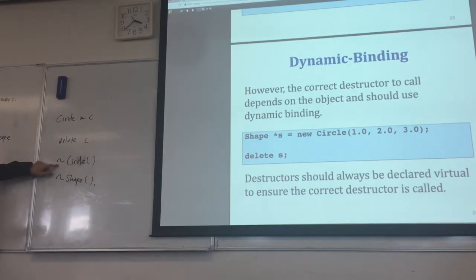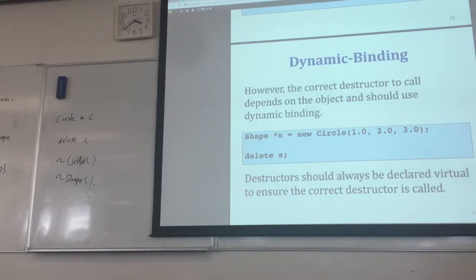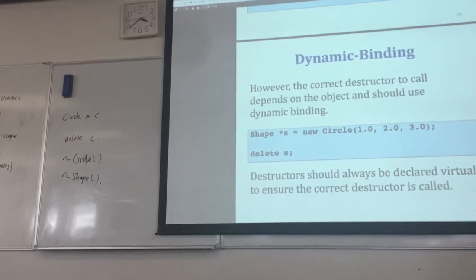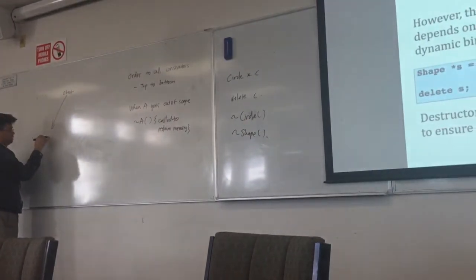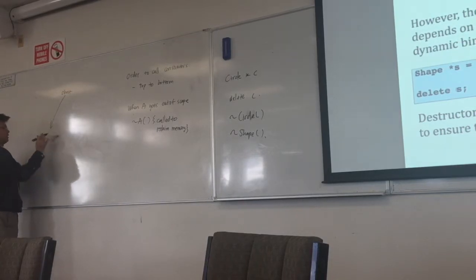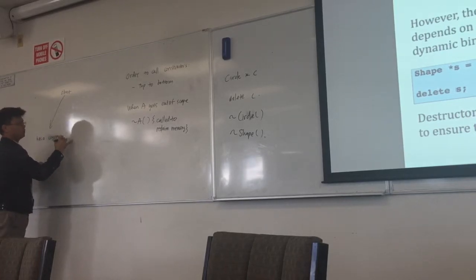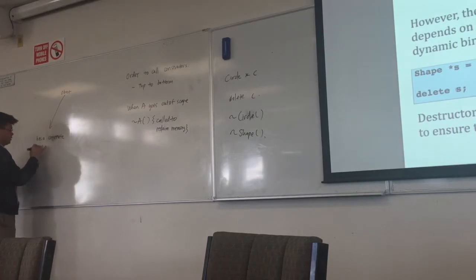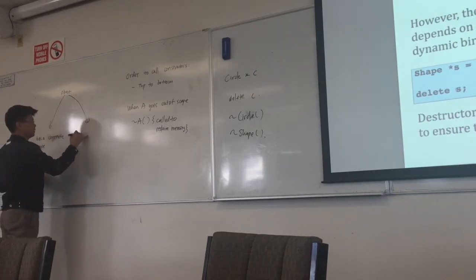Now, the reason why it calls this first is not because C is an object of type circle. It is because it is a pointer of type circle. So be very aware of this. An object has a concrete type, and it also has a pointer type.